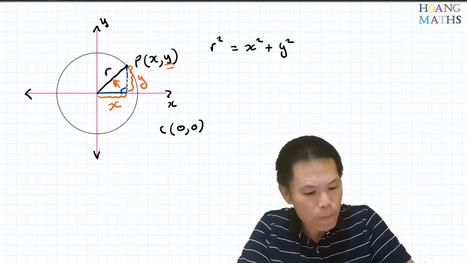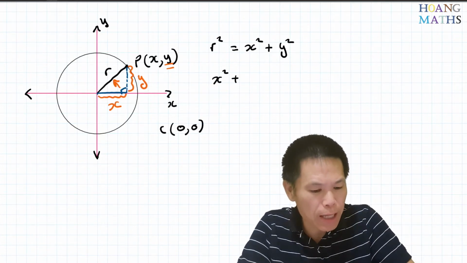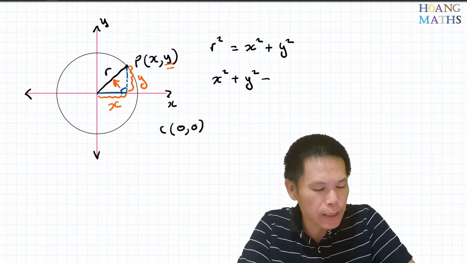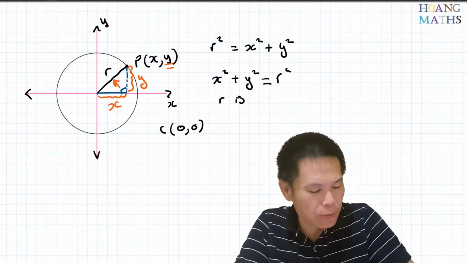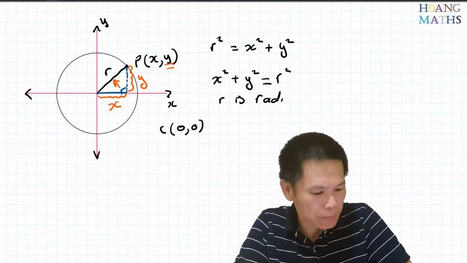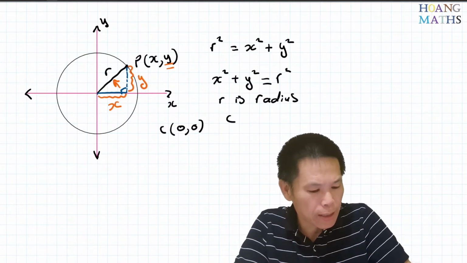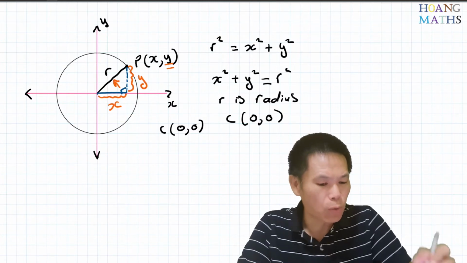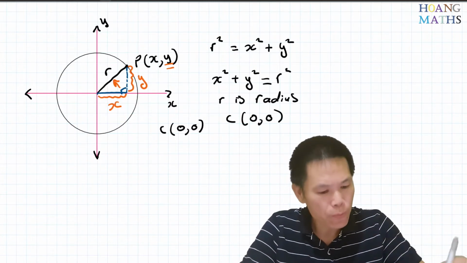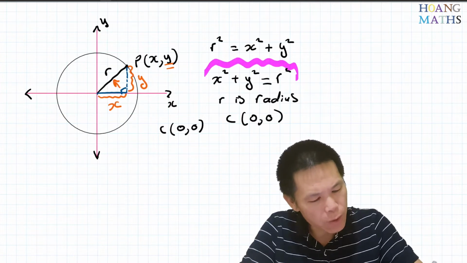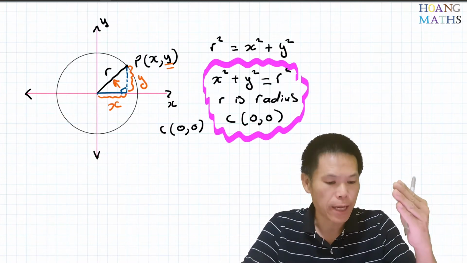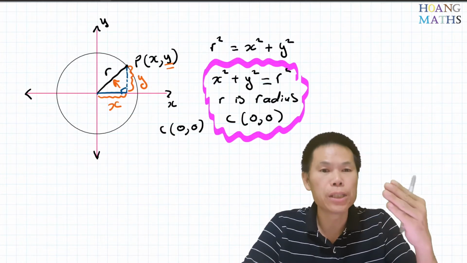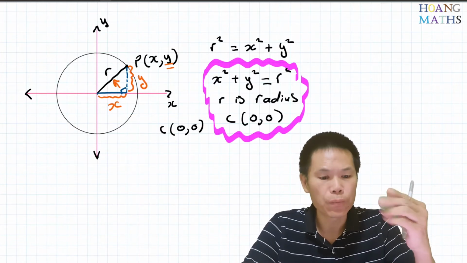Therefore, X squared plus Y squared is equal to R squared, where R is the radius and the center is 0, 0. This is the equation of a circle with radius R and center 0, 0.